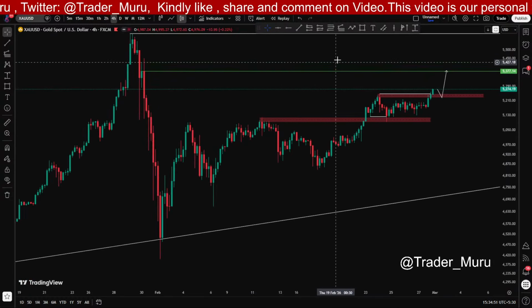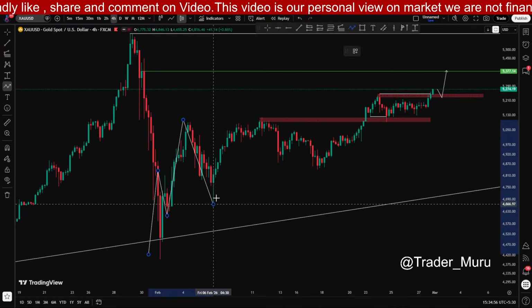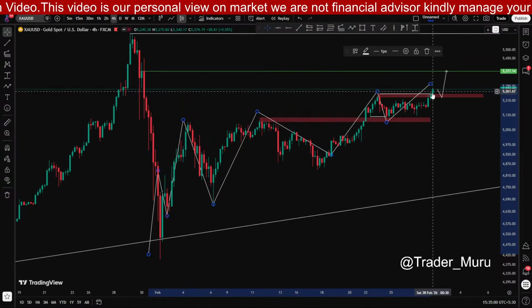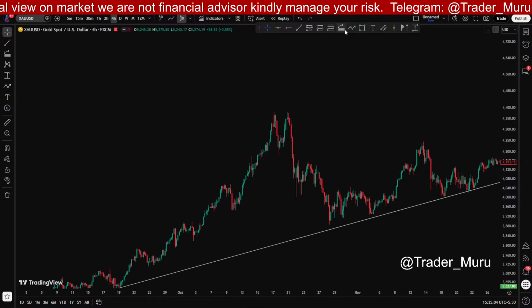There is a simple rule in the market. If you see higher highs and higher lows forming in the market, you go buy. And whenever you see lower lows and lower highs forming in the market, you sell.